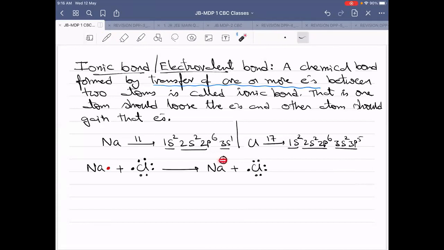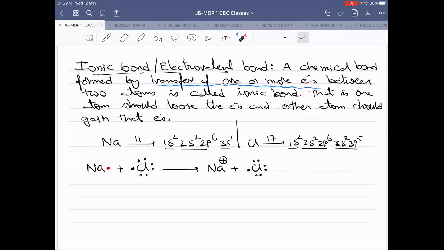Why does sodium have positive charge? Because it is losing 1 electron. The magnitude of positive charge depends on how many electrons an atom is losing. 1 positive charge means loss of 1 electron. If 2 positive charges are there, like magnesium 2 plus, it means the magnesium atom is losing 2 electrons.